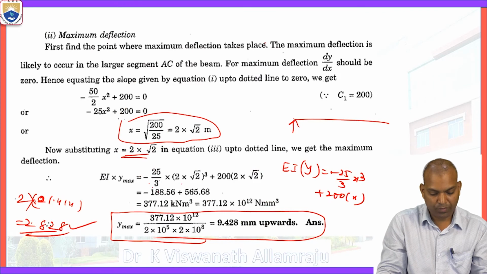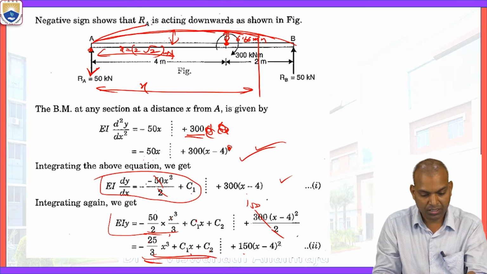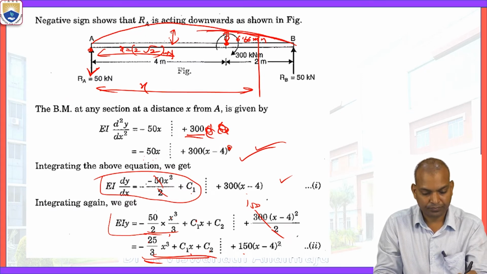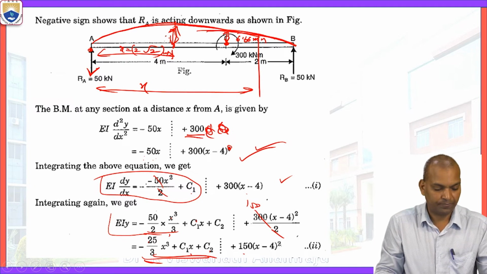At y maximum it is 9.428 millimeters. Here it is maximum, coming down here. In this the deflection curve is being changed.